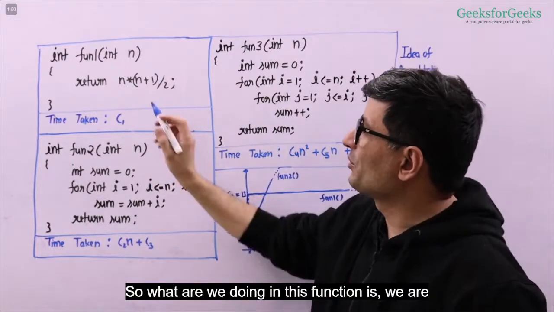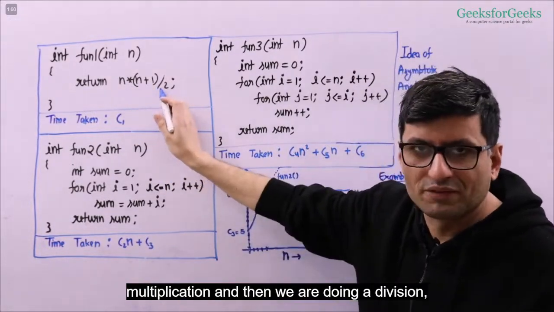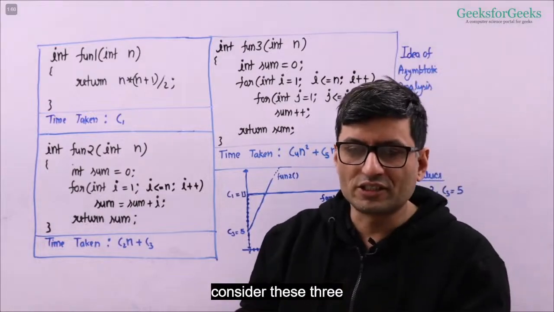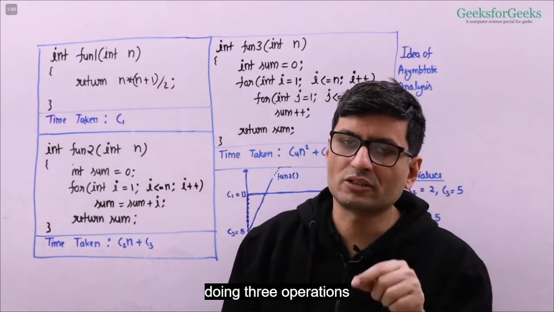What we are doing in this function is, we are doing an addition, we are doing a multiplication, and then we are doing a division. So if you consider these 3 operations independently, you are basically doing 3 operations.